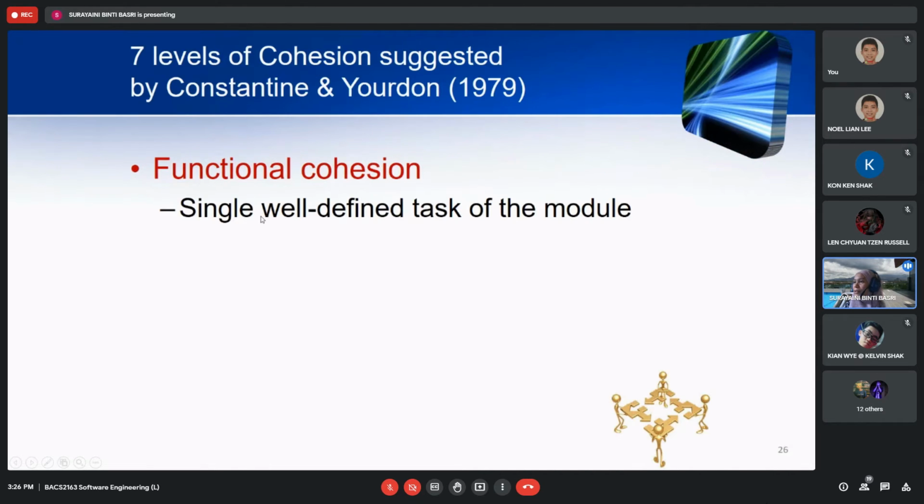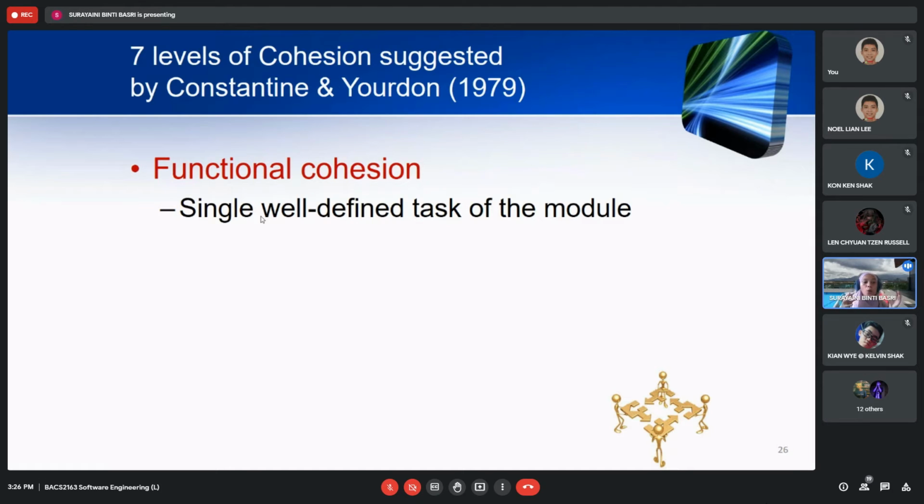For example, like I said just now, the example of the student portal. You may have one subsystem inside the student portal, the course registration. In the course registration, you are grouping the student module and course module inside one subsystem, because both modules are relevant to be grouped together and functionally related to each other.